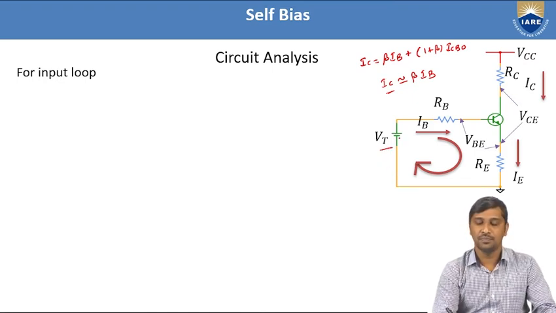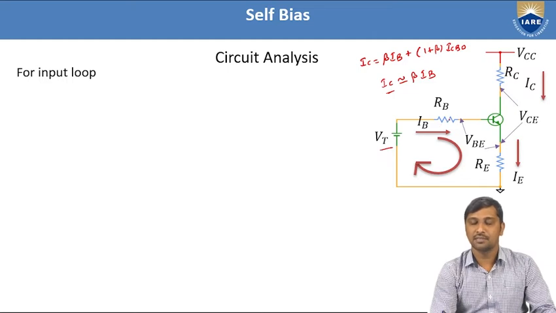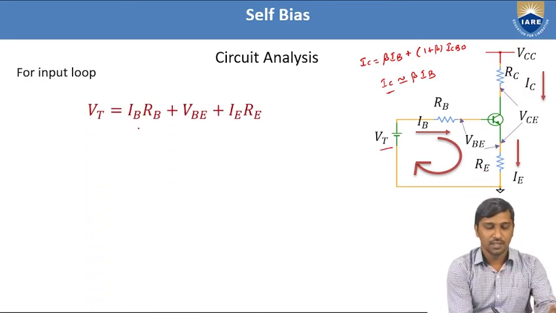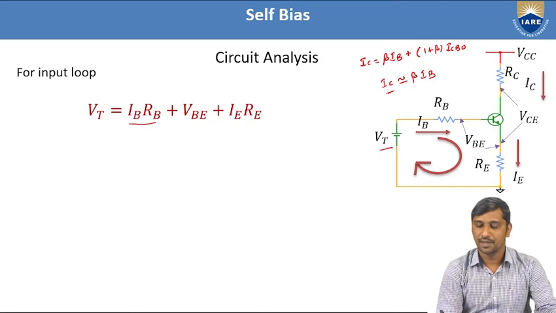Hence VT is equal to the voltage drop across the base resistance, IB times RB, along with the potential difference between base and emitter, VBE, and the voltage drop across the emitter resistance, IE times RE.